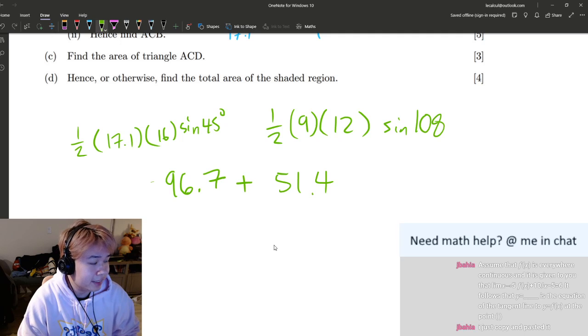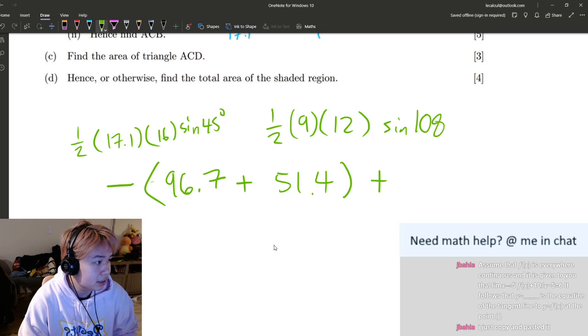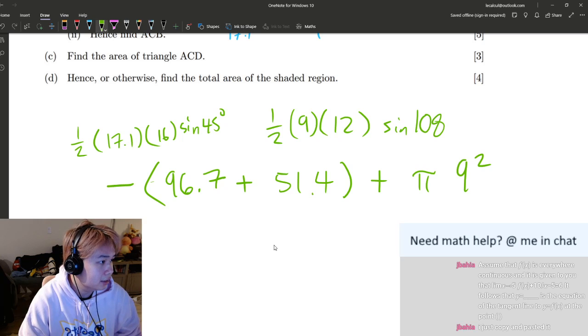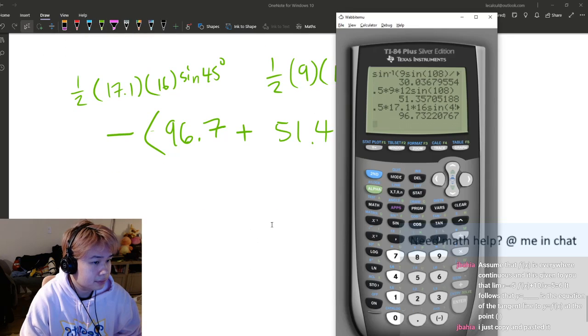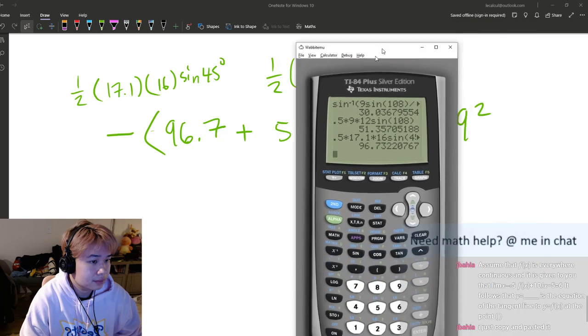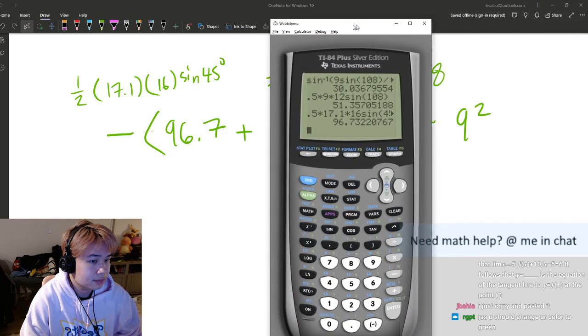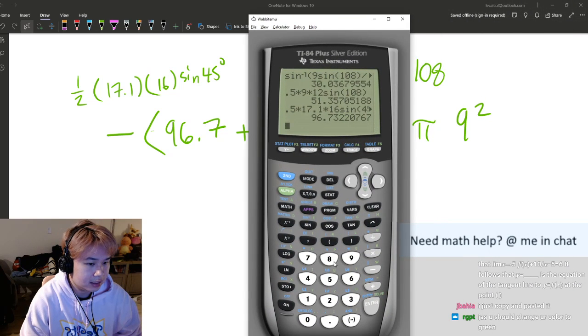And then of course we add these together, and then we subtract them from the area of the circle, which is pi r squared, which is 9 squared. So let's see, that's 81 pi.